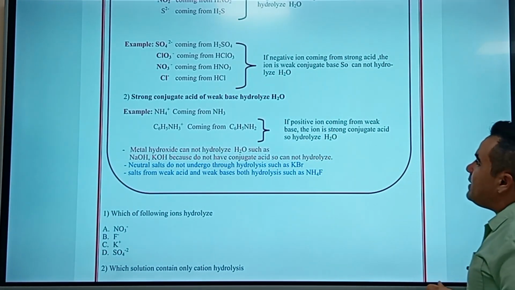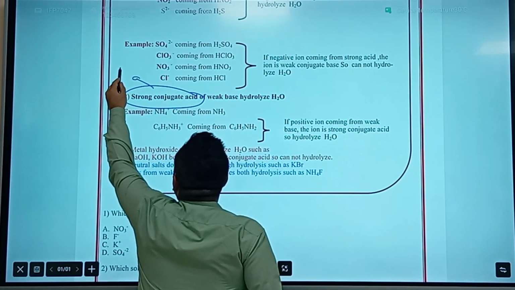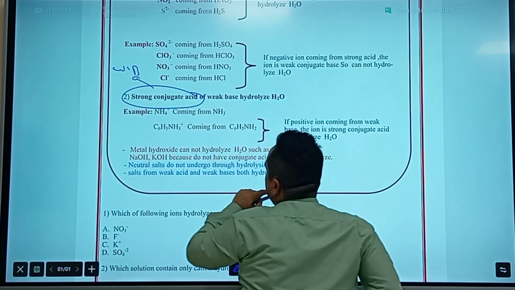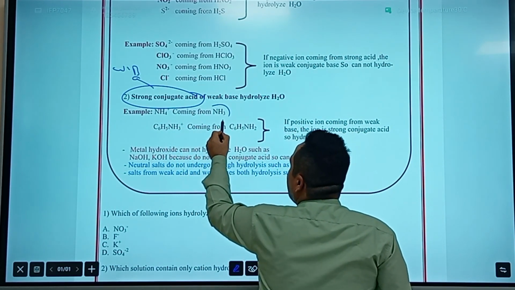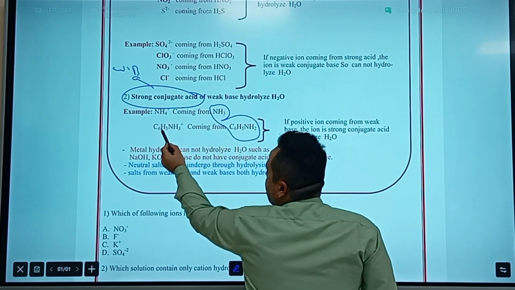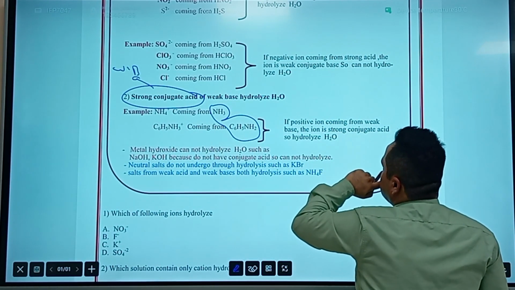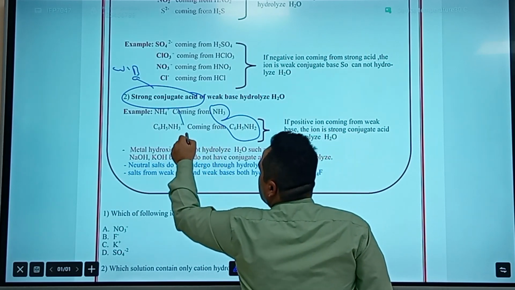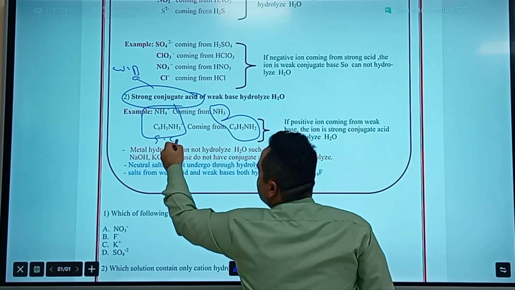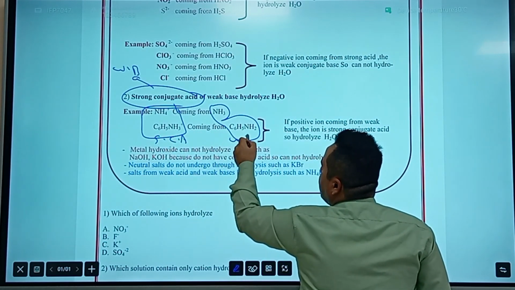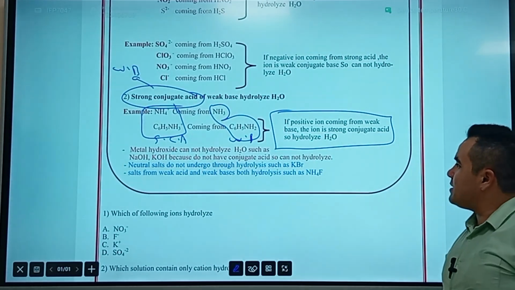Second, about the bases, guys. Strong conjugate acids which are obtained from weak bases undergo hydrolysis, like NH4 positive coming from ammonia, C6H5NH3 positive coming from C6H5NH2 aniline. These two are the strong conjugate acids from weak bases, can undergo cation hydrolysis.